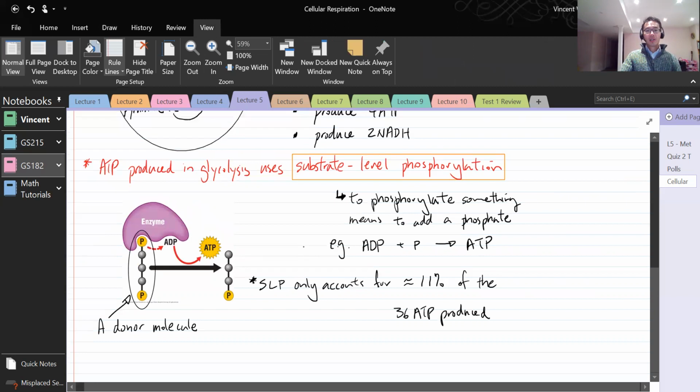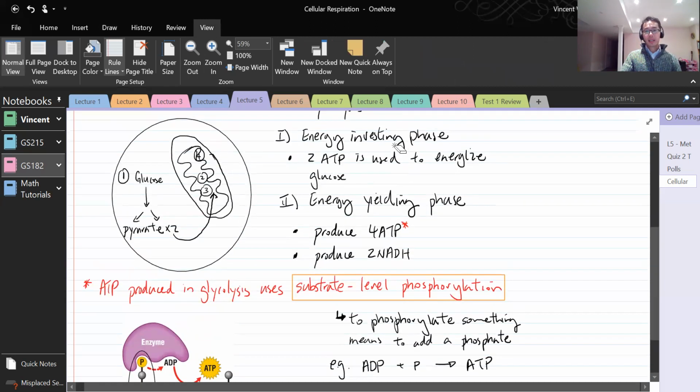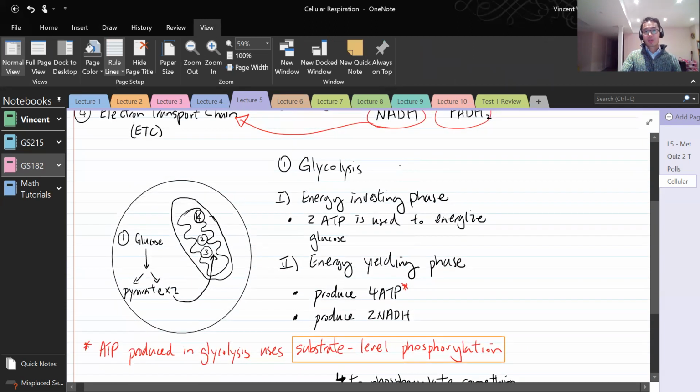All right. So overall, as I mentioned, in glycolysis we will take glucose and split it into two pyruvate. Sometimes you see people write pyruvic acid instead of pyruvate. It doesn't matter. For us, we're not going to make a distinction, even though they are a little bit different. Don't worry about it.